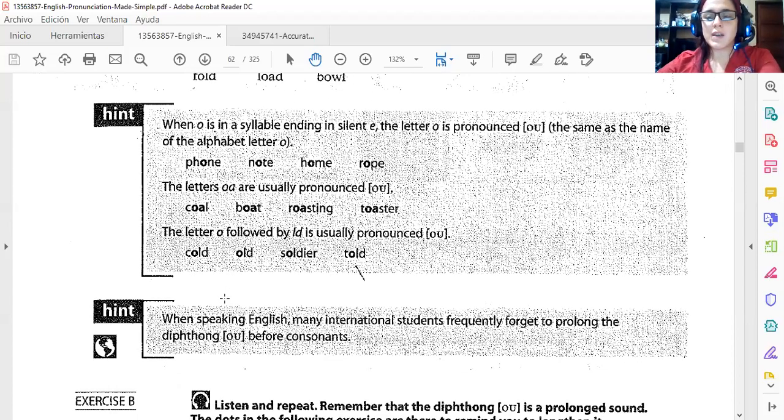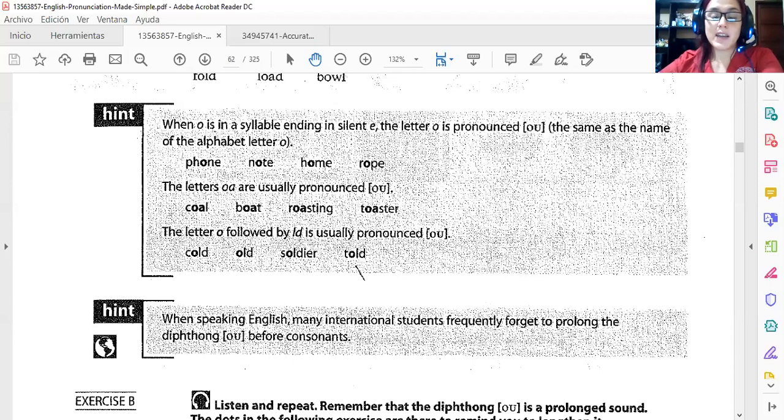So here we have some tips or hints that we can use as guidance again. In case you want to remember, okay, I remember that Latin A is also spelled with the letter O, but here we have some clues to say, oh no, this one doesn't go with Latin A like in hot, because this one has the letter O, then one consonant, and then an E that is mute, okay?